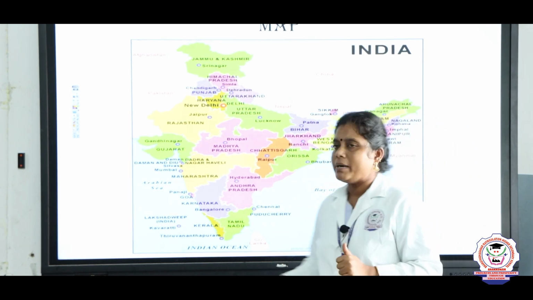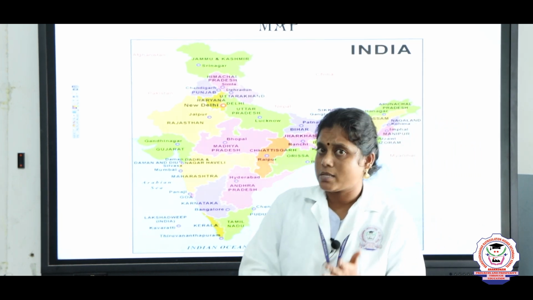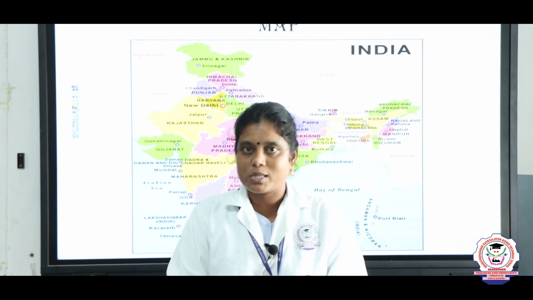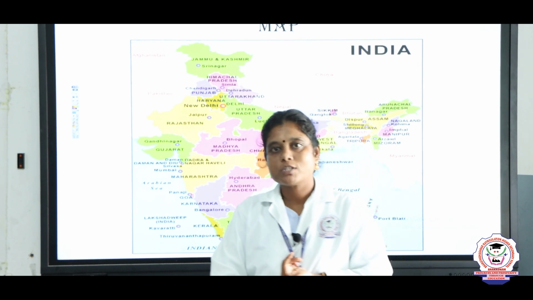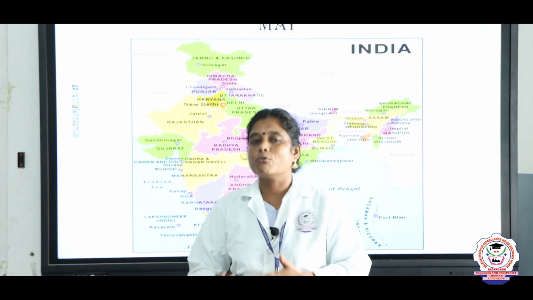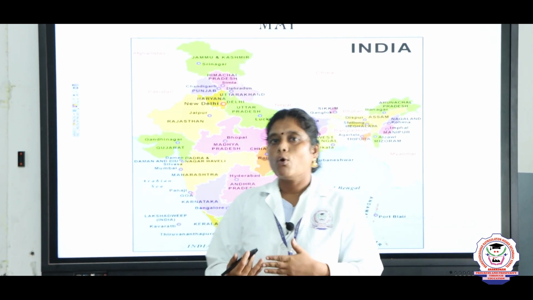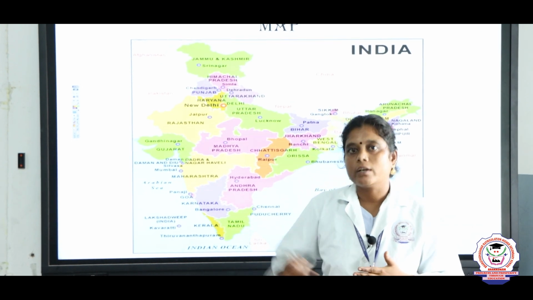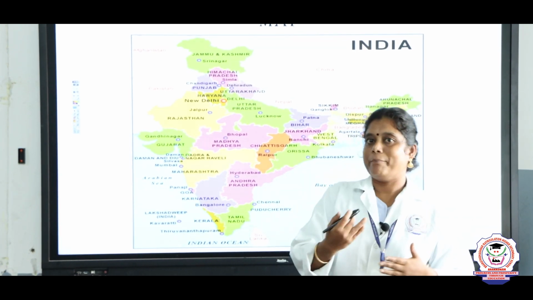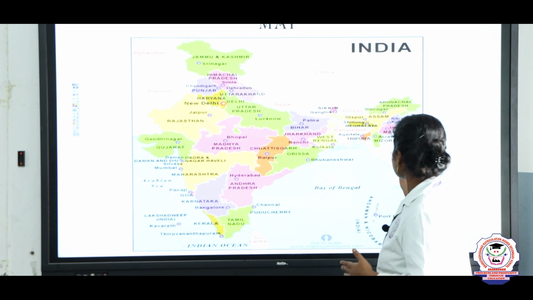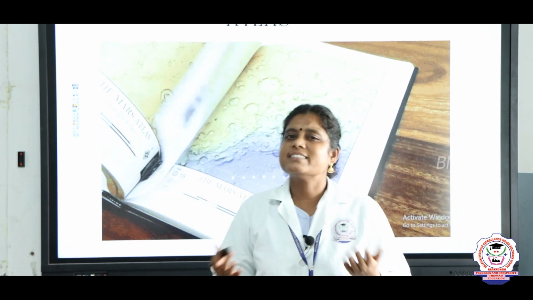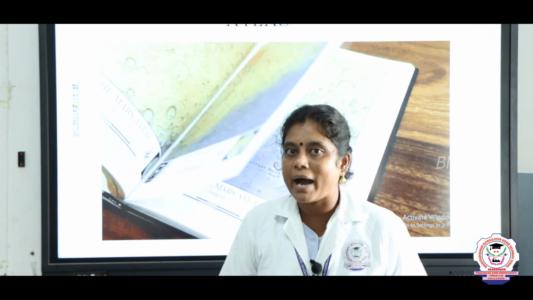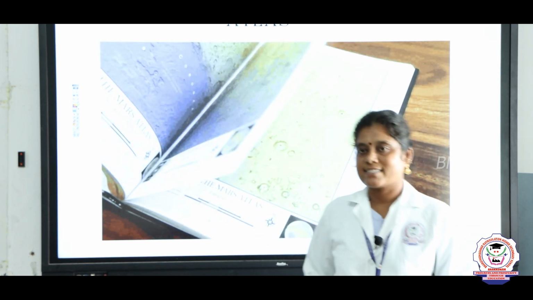A map helps us to locate places such as countries, continents, districts, cities, towns, and also oceans. So elaborately, we can locate with the help of a map. Good. Next, atlas. What is an atlas? A simple thing: a book of maps is known as an atlas.